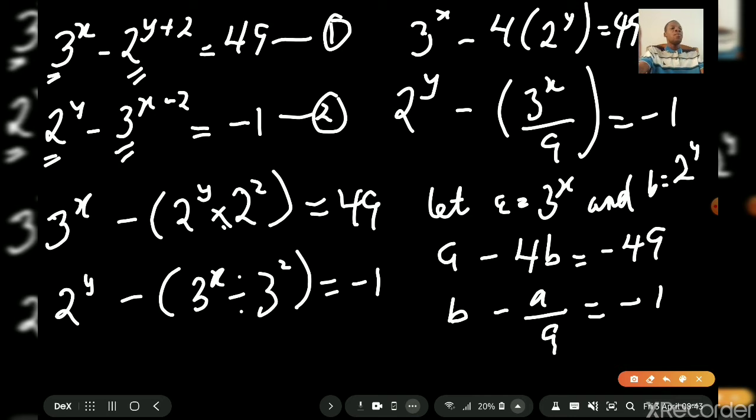Okay, so now I have two simultaneous equations. Let's remember that a is equal to 3 raised to the power x and b is equal to 2 raised to the power y. So we have a minus 4b is equal to 49, and then b minus a over 9 is equal to negative 1.